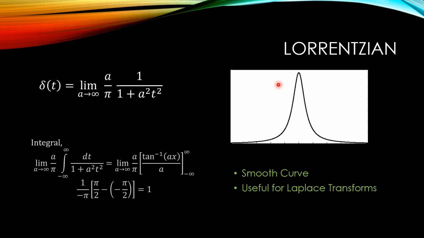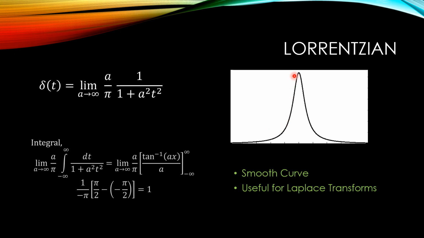So the next, slightly better representation is the Lorentzian, which is a smooth curve, which is obviously an advantage while dealing with mathematical tools, and it can be integrated, and it is seen that its integral is also equal to 1, so it is a good candidate for representing the Dirac delta function.